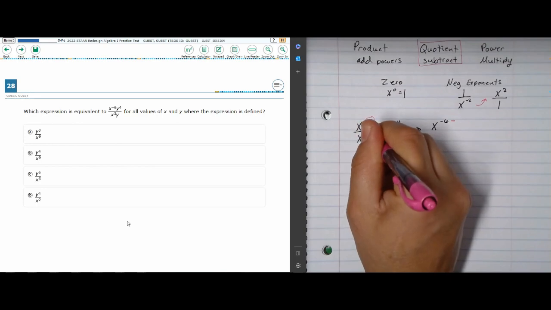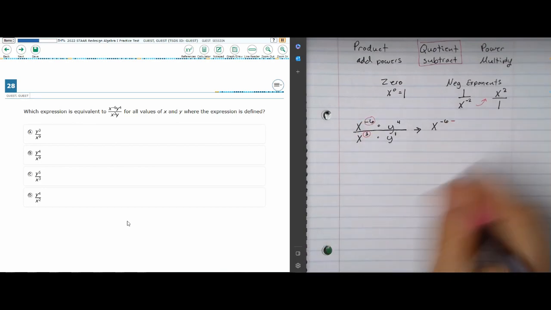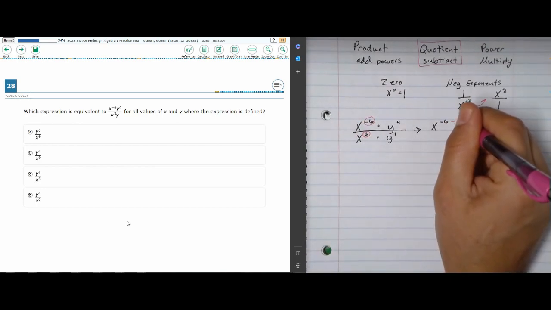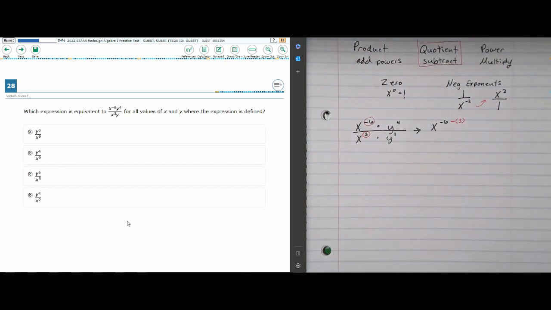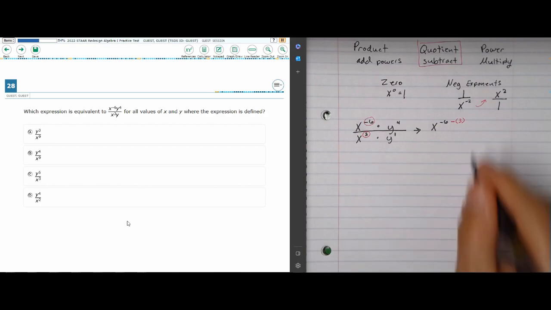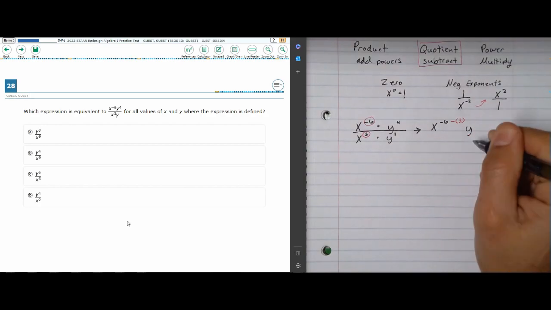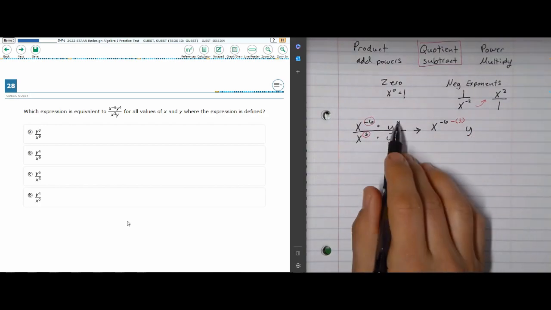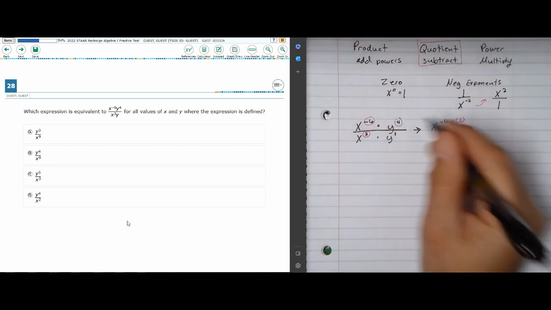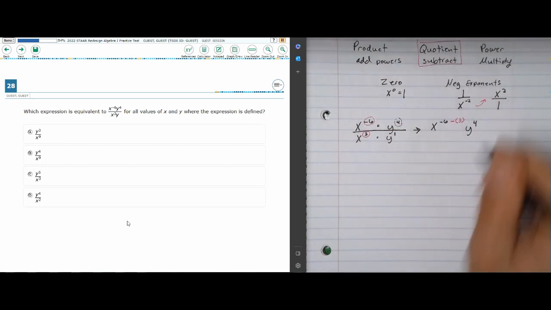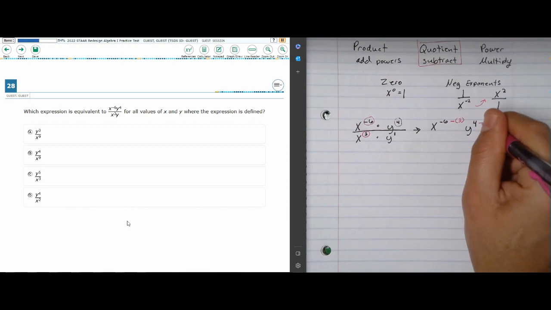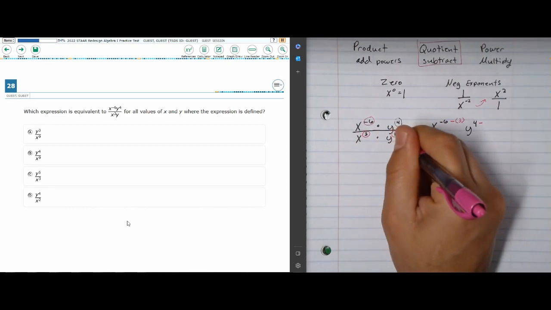So minus, and this happens to be a positive 3. So I'm going to write in parentheses 3. Next, I'm going to deal with the y. So I'm going to write my y to the power of positive 4 minus the power of 1.